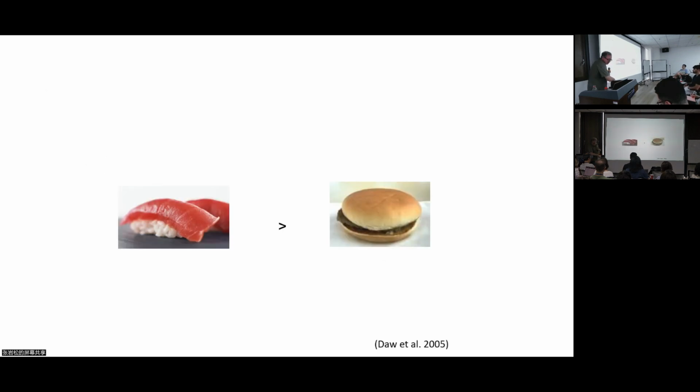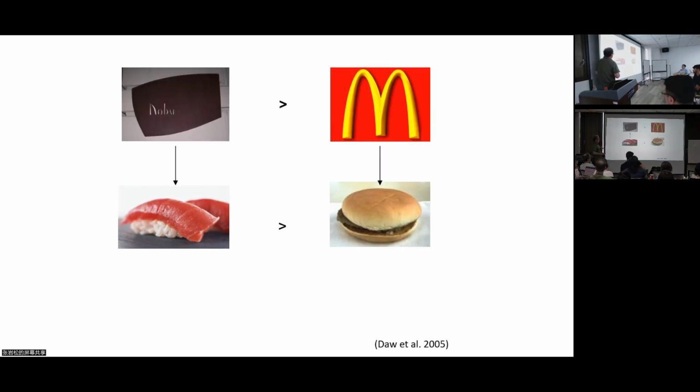So my example of that is, this is my preference function. I like sushi better than this flat hamburger here. Because of that, when I was at NYU, if I was standing out on the street, I could go to McDonald's or I could go to Nobu, which is a fancy sushi restaurant.